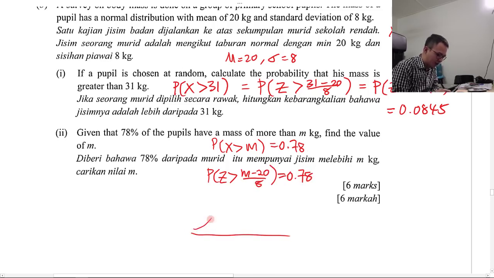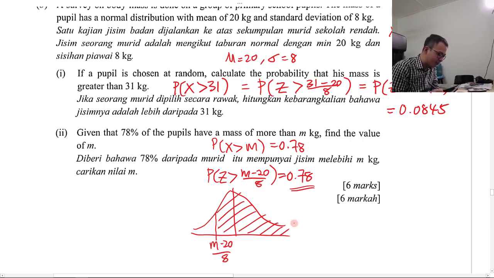Then you draw out the bell-shaped diagram. Because 0.78 is more than 0.5, right? So your m minus 20 over 8 should be here, and at the same time, I also know this should be a negative value.